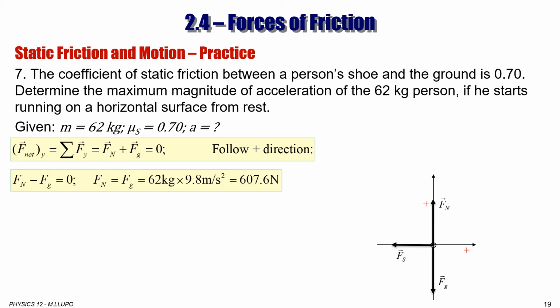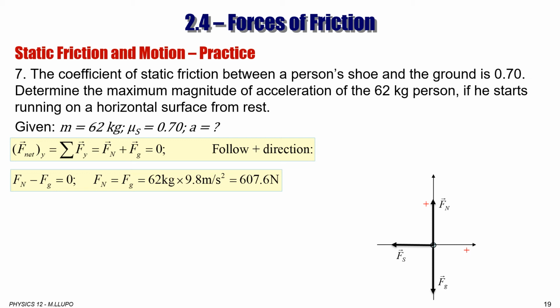Next one is the x-axis. Sum of forces on x-axis is equal to ma. Now, just a clarification here, the object is accelerating. So starting from rest, we are moving. That means we are changing the motion, from rest to moving.